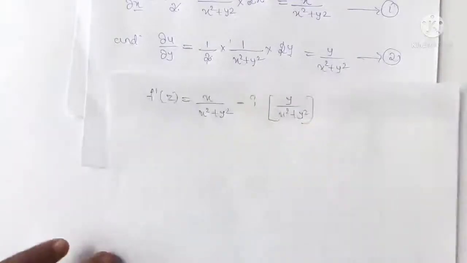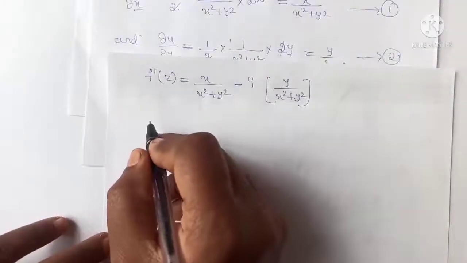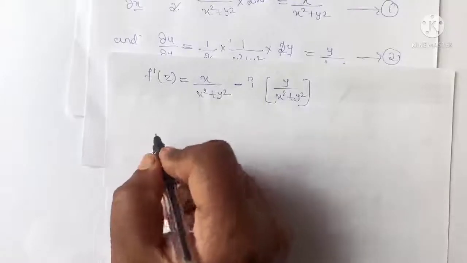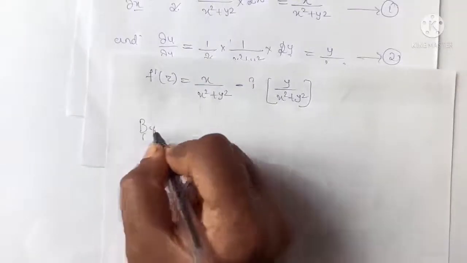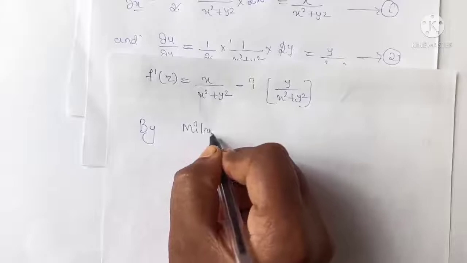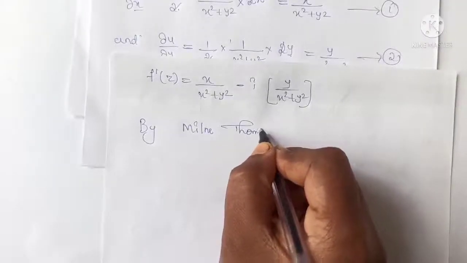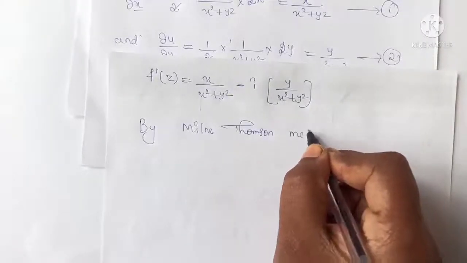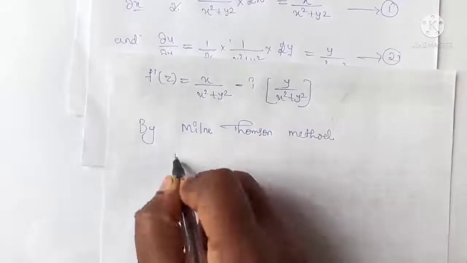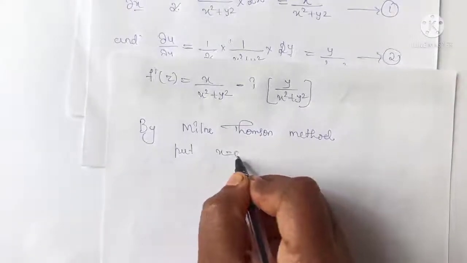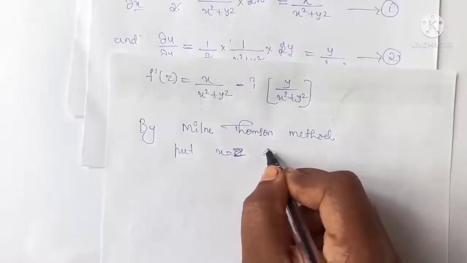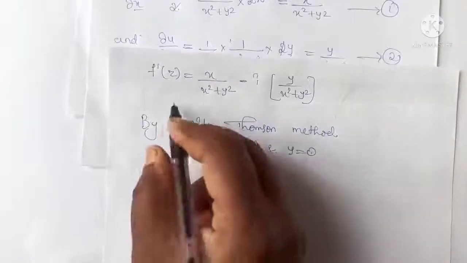Now we put x equals z and y equals 0 by the Milne-Thomson method, that is, put x equals z and y equals 0 in this equation.